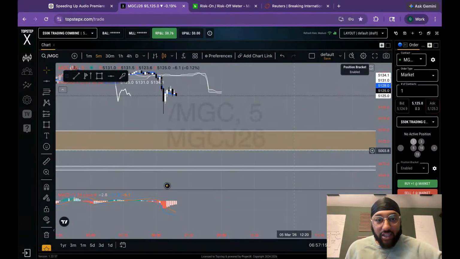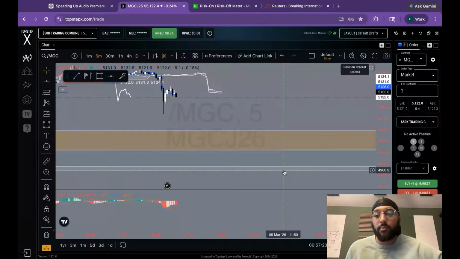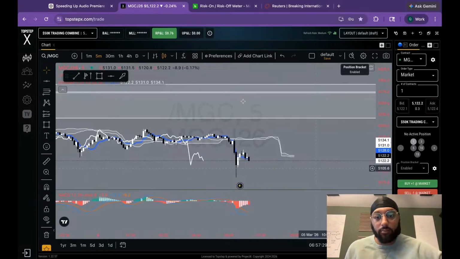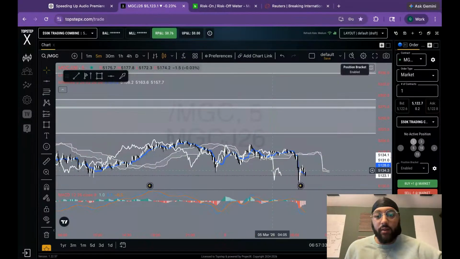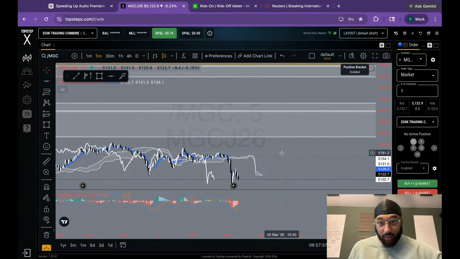5005 ish, and then this area of inefficiency, 4969 to 4961, 4960. To the upside, if we move in here, as simple, I want to see these areas of inefficiencies knocked out.